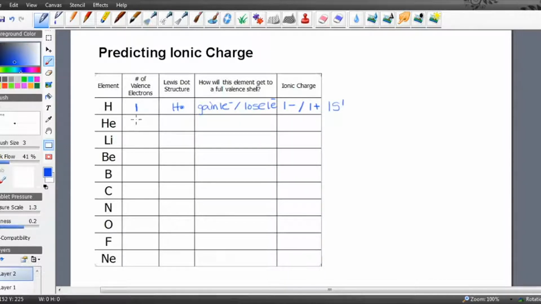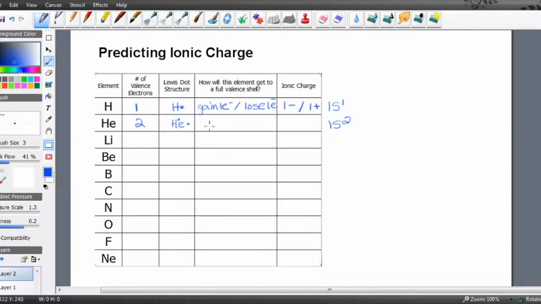Let's move on to helium. Helium has 2 valence electrons, 1s2. And we know that that's a full valence shell already. Even though helium is in group 8 on the periodic table, which makes it a noble gas being over there, or it's over there because it's a noble gas, I should say.